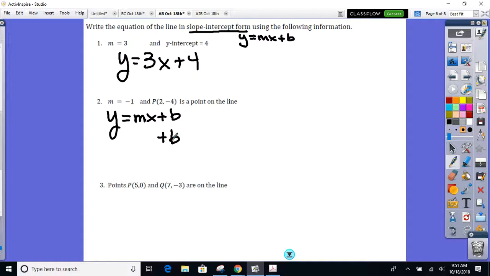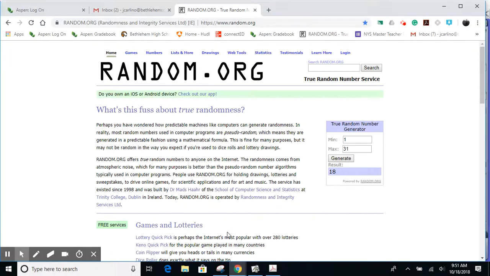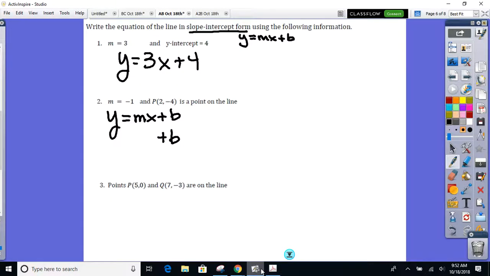Can you guys find me a number to plug in for y, m, and x so I could solve for B? Do you know a y coordinate this line goes through? Here we go, everybody. -4 equals.